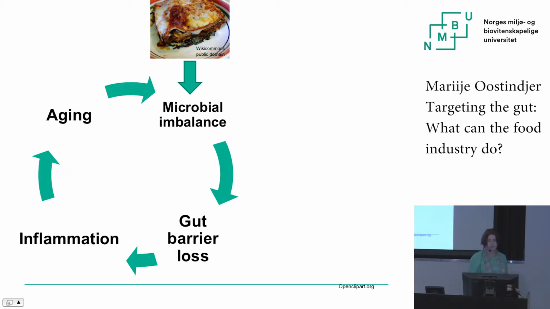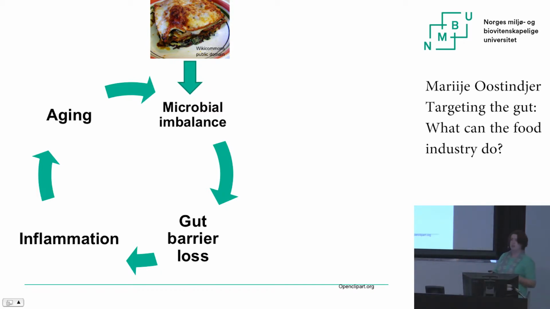And why do we care about aging in the context of health? Well, of course, as you know, people are getting older and older these days. The population of people over 80 is expected to just keep on increasing. But it doesn't necessarily mean that we're all healthy as we grow older.